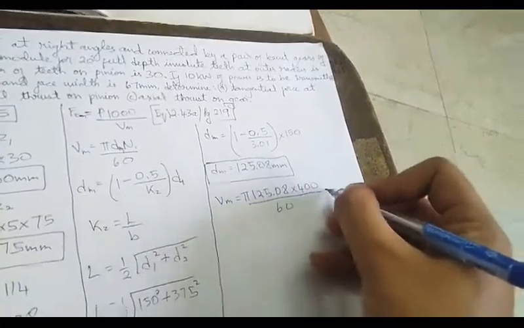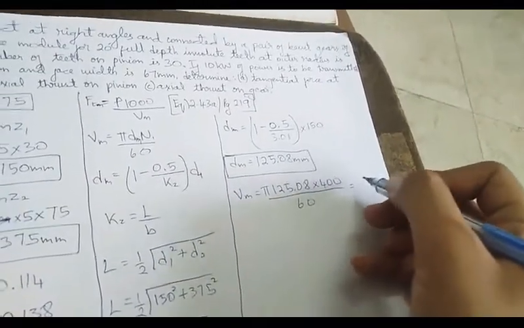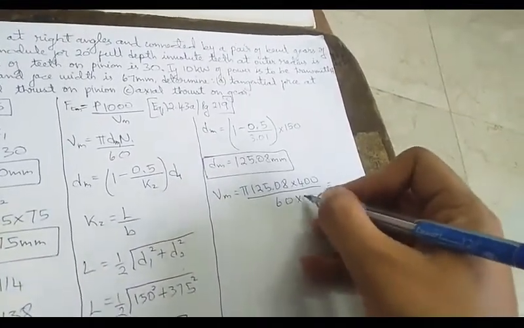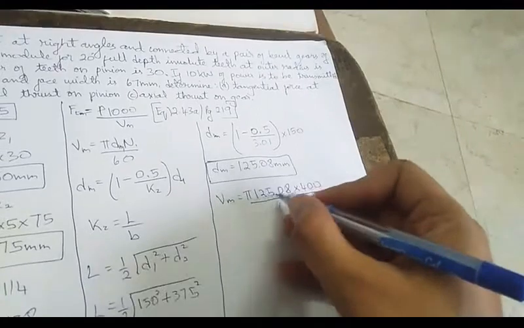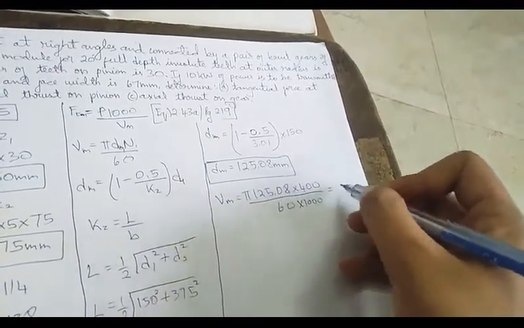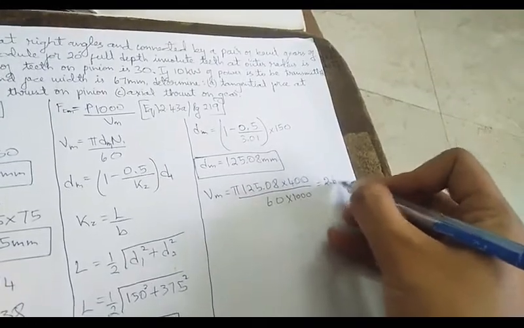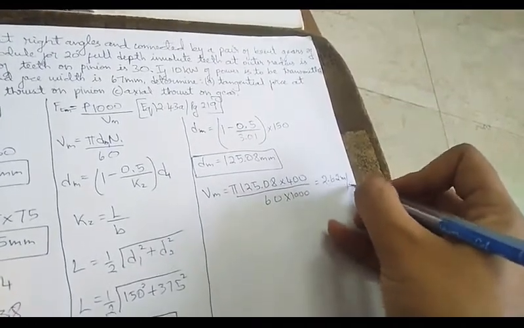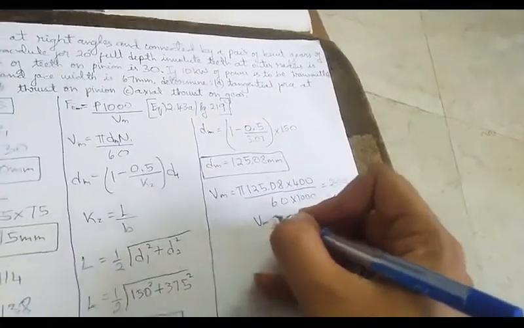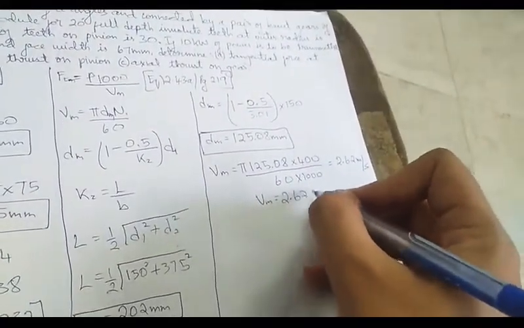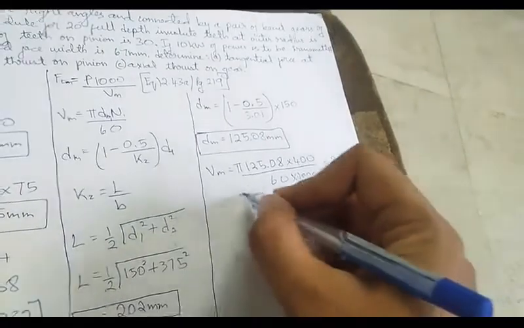I'll convert this 125 to meters, dividing by 1000. So Vm is 2.62 meter per second.